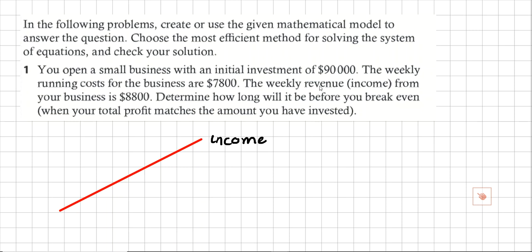Pardon? 8,800. Right, that's the bit, isn't it? The per week. So if I said to you, how much income have you got? You would ask me, what? How much are we putting into the business? Nope.